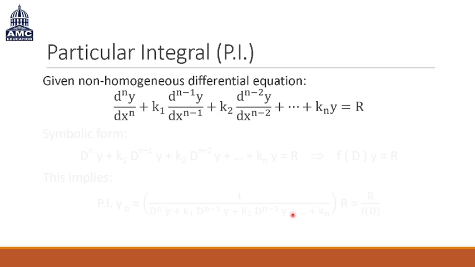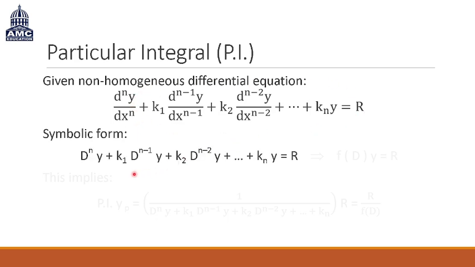So, given a non-homogeneous linear differential equation with constant coefficients whose general form is given here, we shall write down the symbolic form. Right? We have seen this before. Again, D^n is the nth order differential operator with respect to the independent variable, which is x here, plus k1 times the (n-1)th derivative of y plus k2 times the (n-2)th derivative of y with respect to x, and so on, all the way up to kn times y.